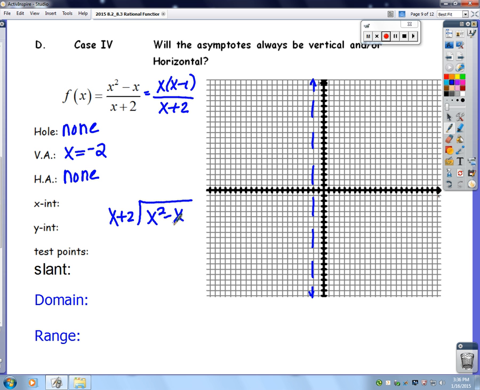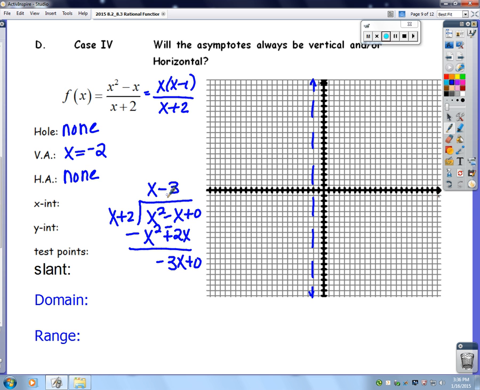All right, divide. X times x gives me x squared. Distribute. Change the signs. So this gives me -3x. All right, I need to bring down my 0. x into -3x goes -3.